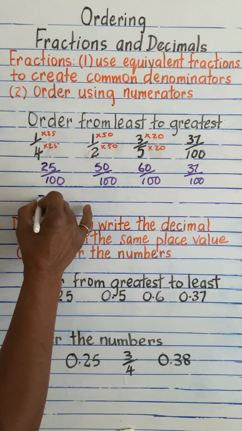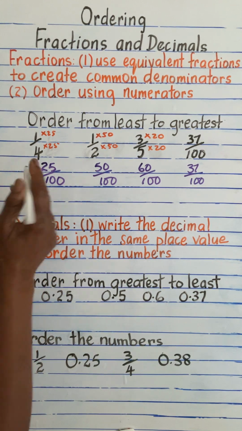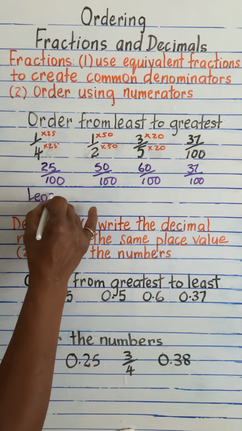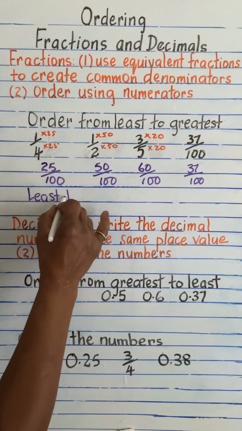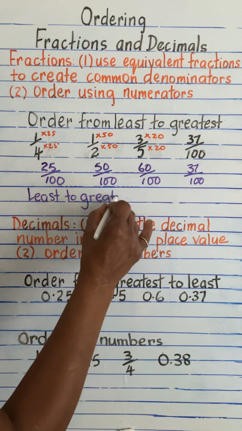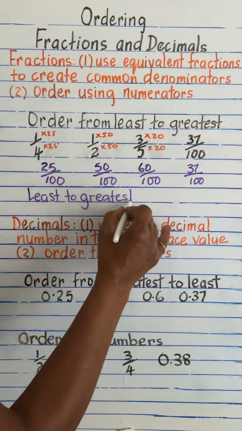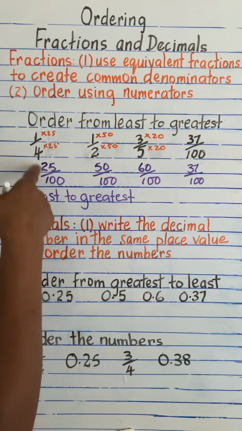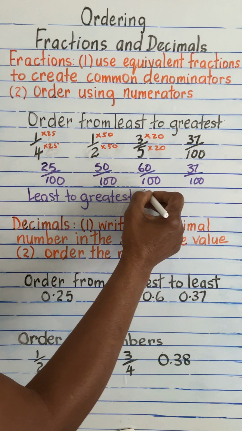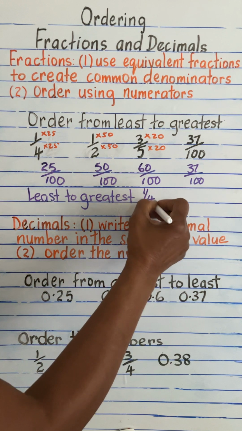Least to greatest: a quarter, which is 25 over 100. So I'm going to put a quarter.